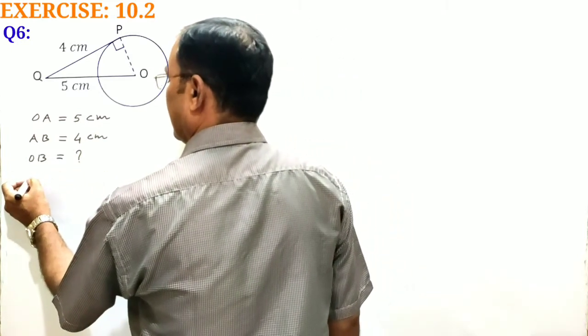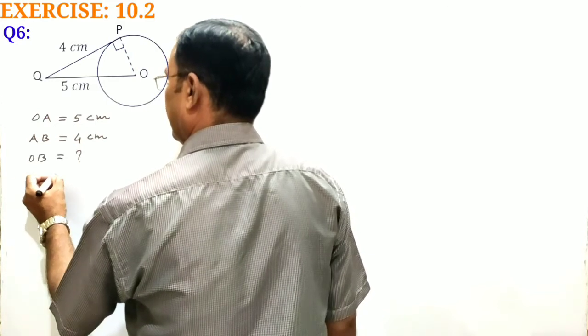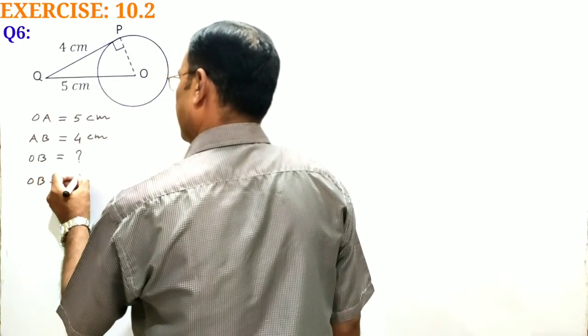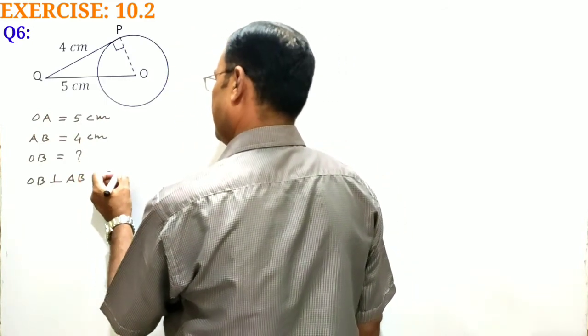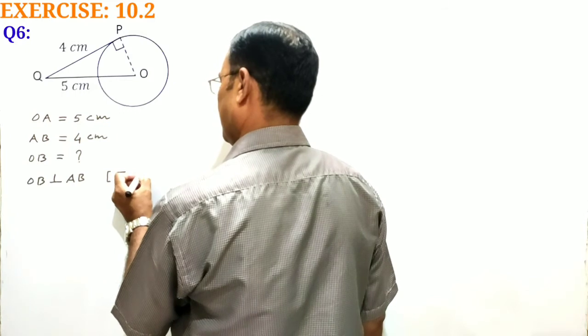As we know that radius OB is perpendicular to the tangent through the point of contact according to theorem 10.1.